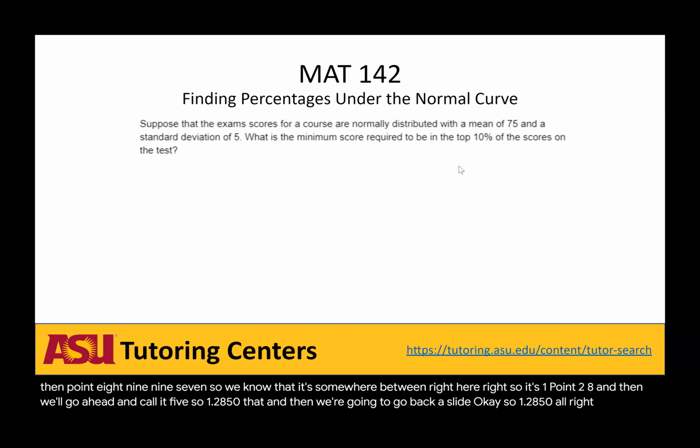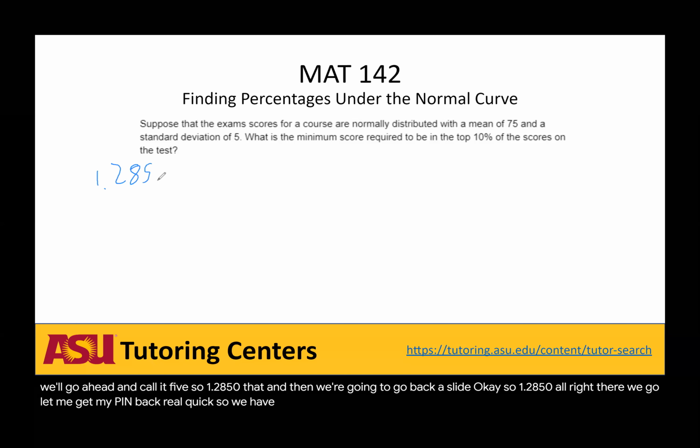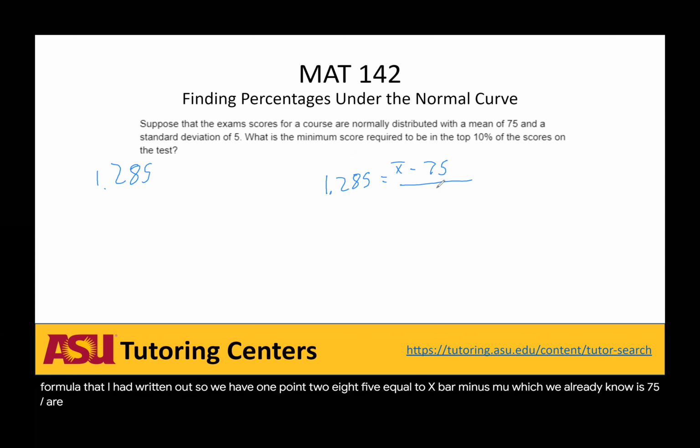All right, there we go. Let me get my pen back real quick. So we have 1.285. Now this is our z-score, right? So this is our z in our formula that I had written out. So we have 1.285 equal to x bar minus our mu, which we already know is 75, divided by our standard deviation of 5. So from here, what we can do is multiply the 5 over.